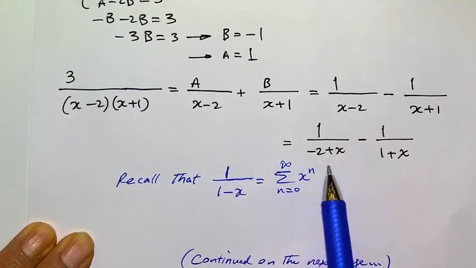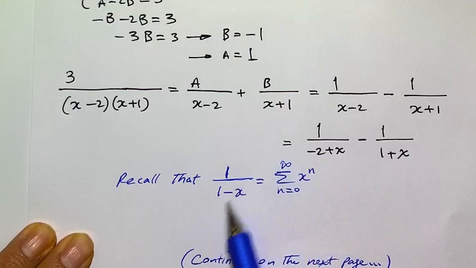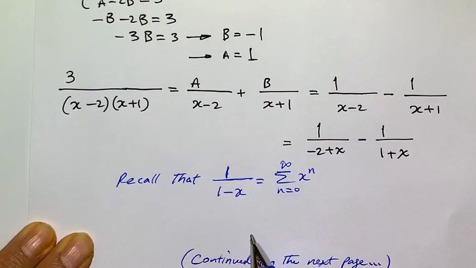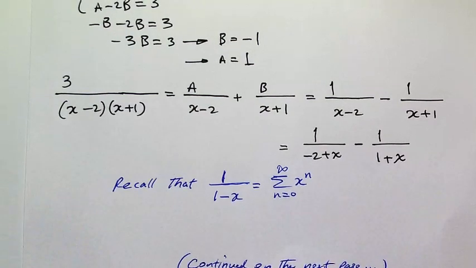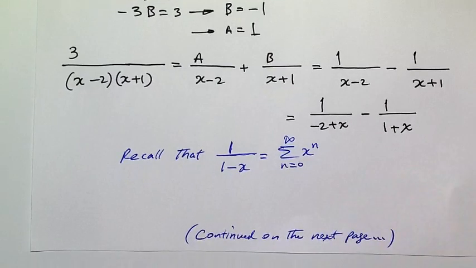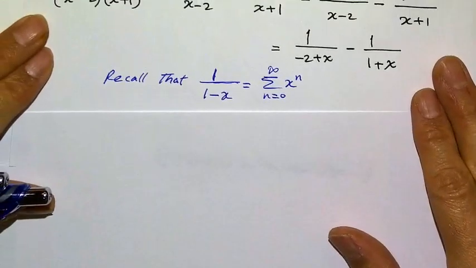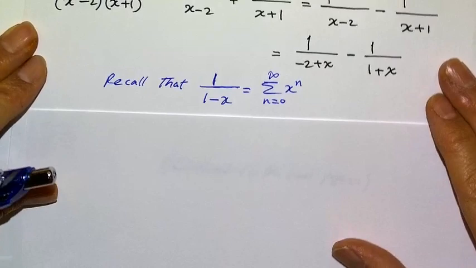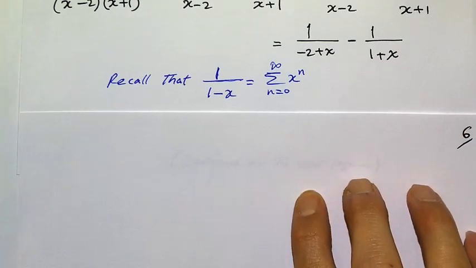So all we have to do is rewrite these such that the format here matches that, and then we'll modify the power series accordingly to find the power series for each of these. Okay, so I'm running out of room here, and you can see I anticipated that, so here it is. I will continue on this page.